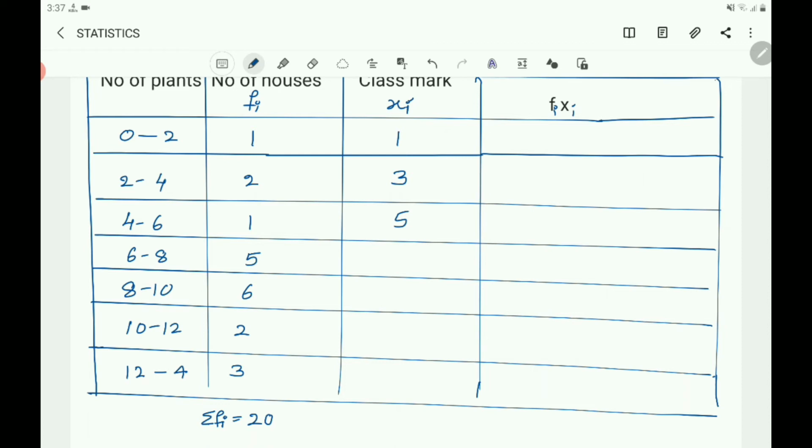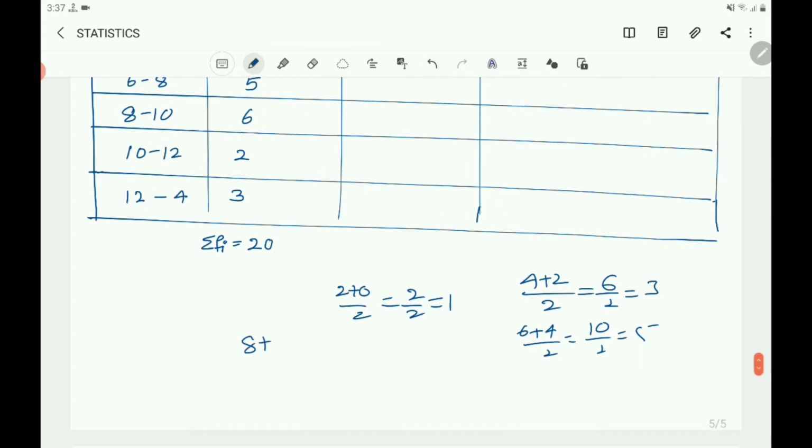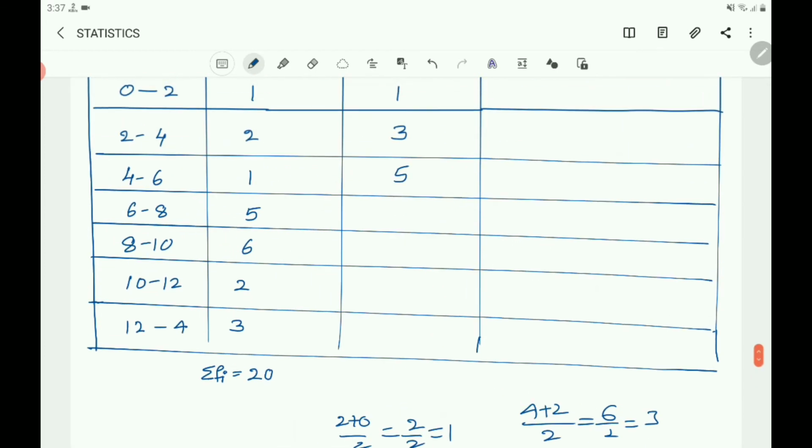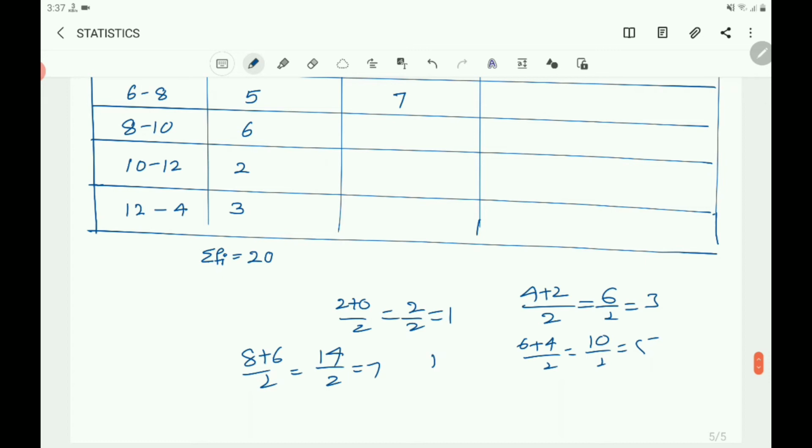Next 6 to 8. 8 plus 6 by 2, that is 14 by 2 equals 7. Next 10 plus 8 by 2, that is 18 by 2 equals 9.